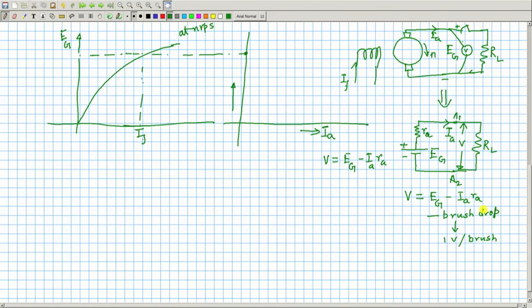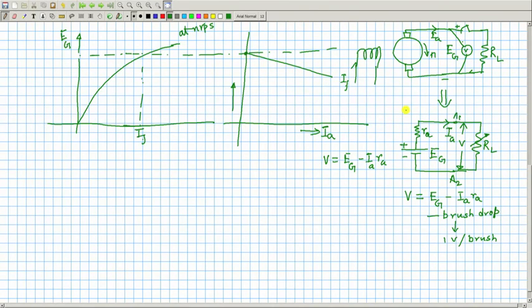Therefore, if you vary this resistance, if you load it, meaning you are decreasing the value of the resistance, you are delivering more power, but at the same time terminal voltage will fall as you increase the armature current, and in fact it will fall this way.